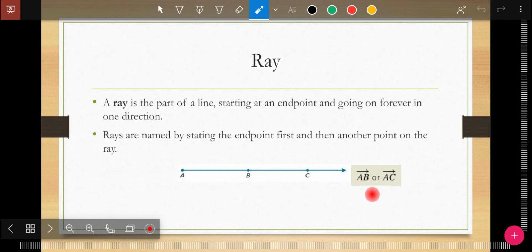This little symbol with one arrow above the letters means ray. If this same thing went the other direction, I would still have to name it this same way because that's where the endpoint is. So it would still be ray AB.